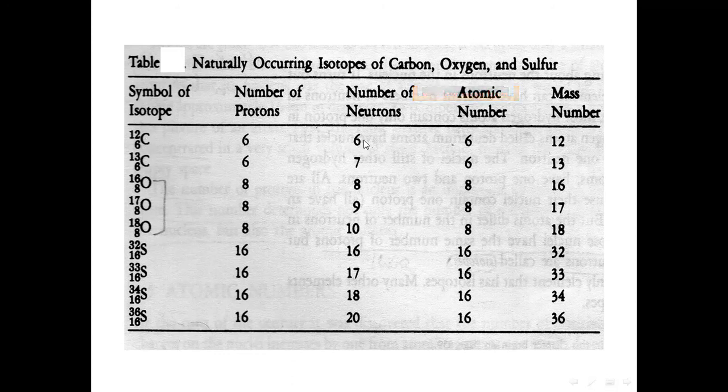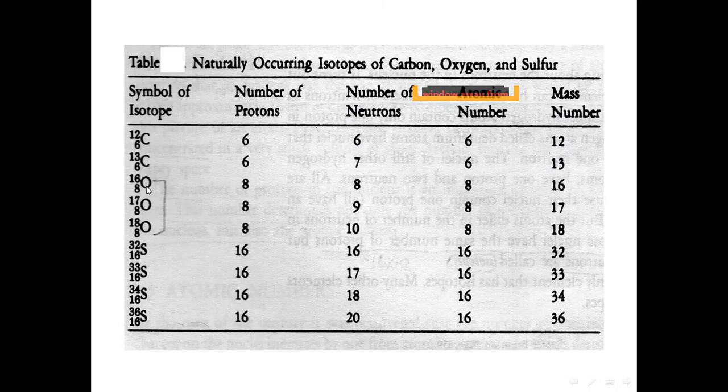Isotopes differ in the number of neutrons, but the atomic number stays 6. The mass number also differs, because the number of neutrons differs.